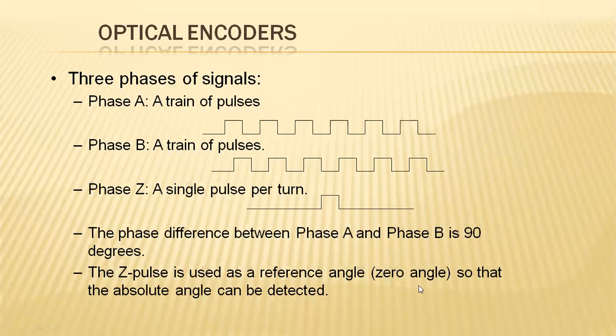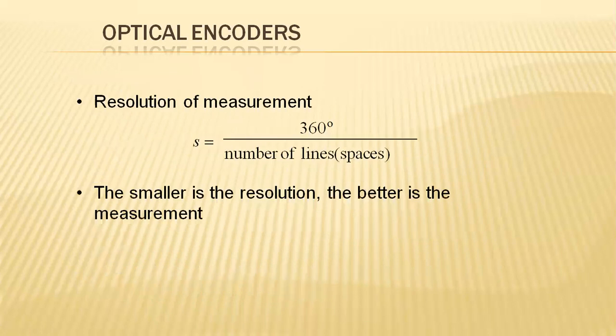Just as we have discussed, there will not be any pulse generation there, because throughout the revolution of the shaft there is only one light allowance. Next thing, for optical encoders, the resolution of measurement is denoted as S equals 360 degrees divided by the number of lines or spaces.